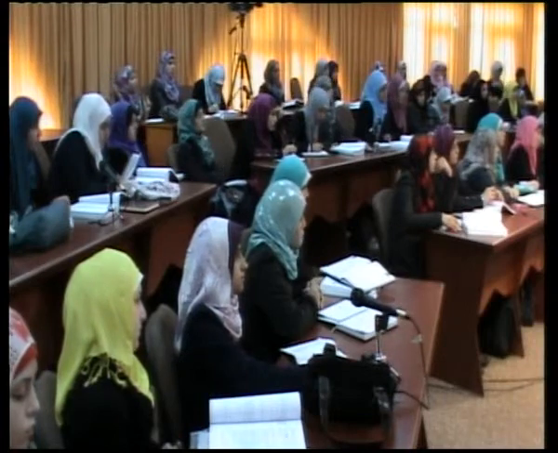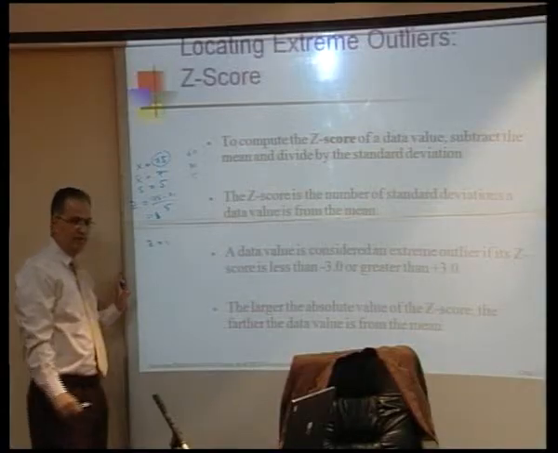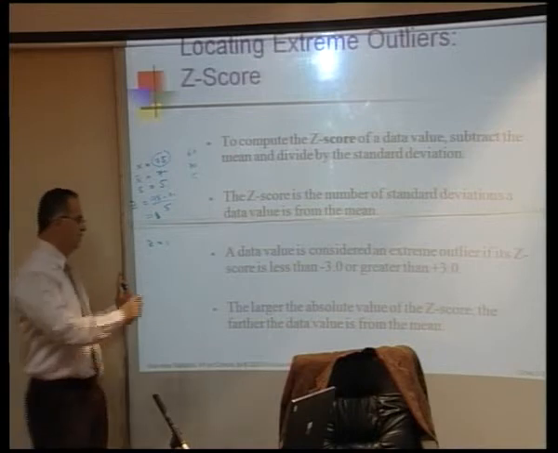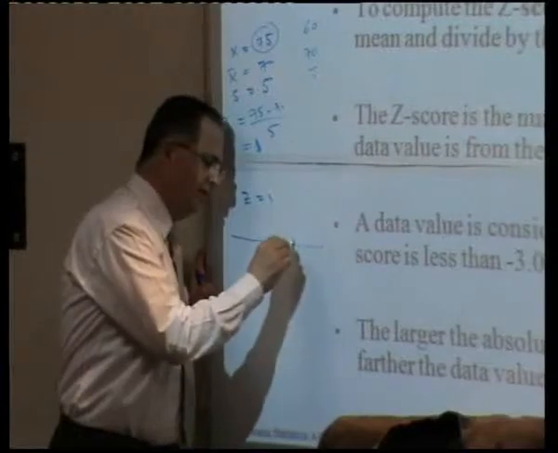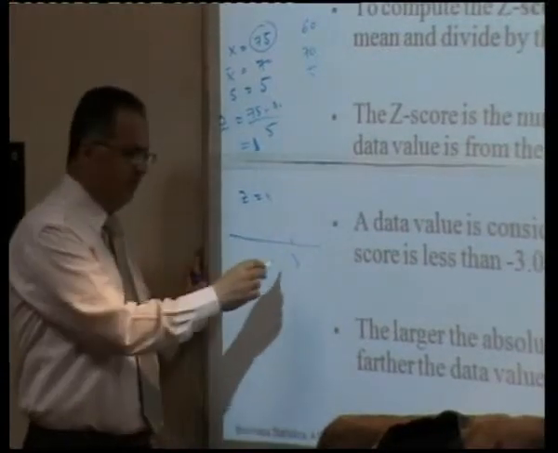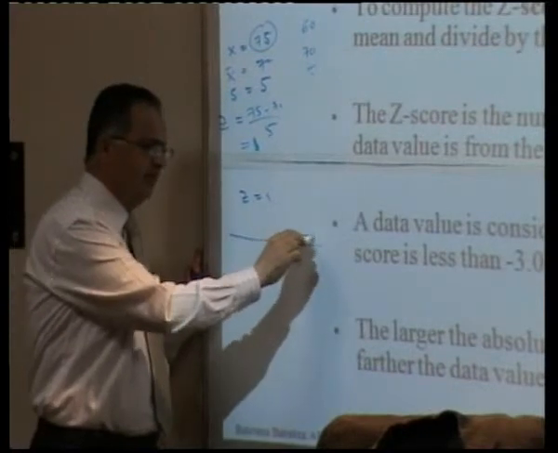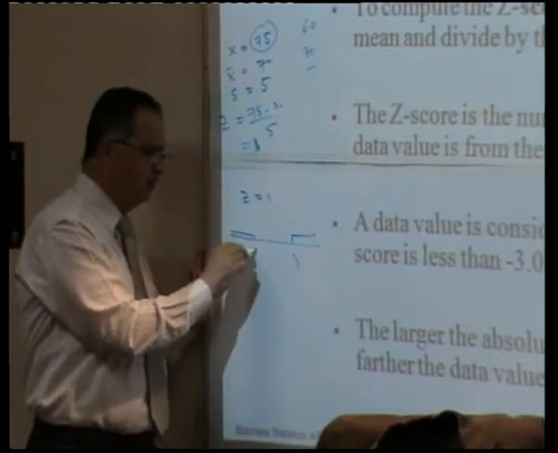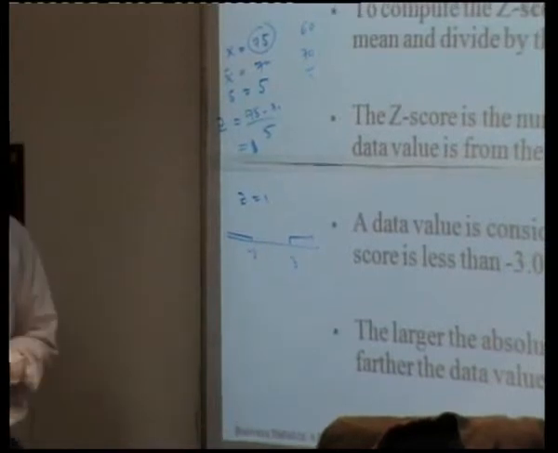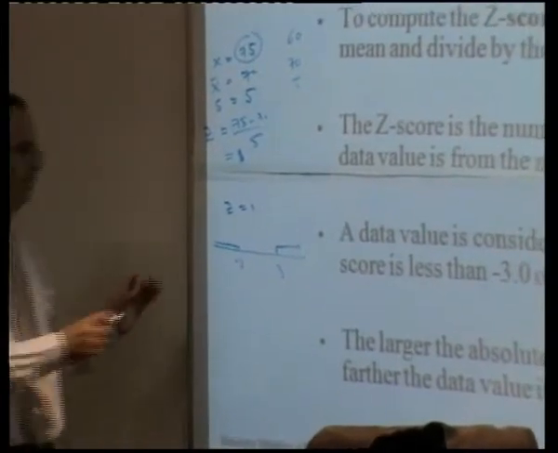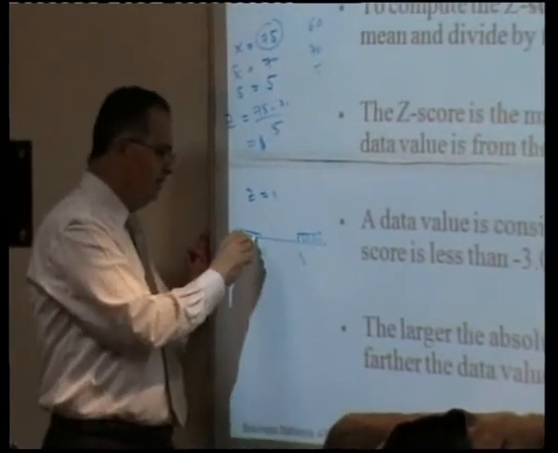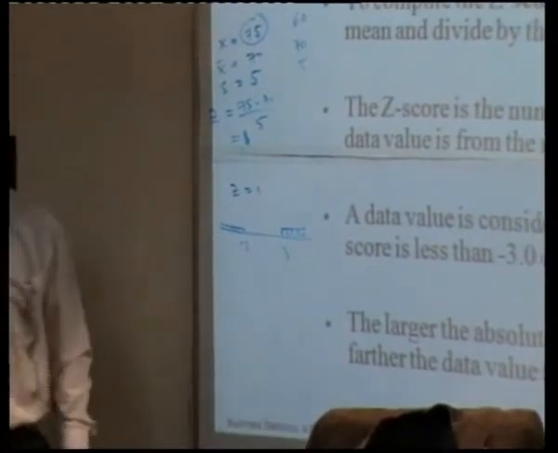Now the question is, is 75 an outlier or not? The rule is that if the z-score is greater than 3, I mean this area, or smaller than -3, in this case the point is suspected to be an extreme outlier.